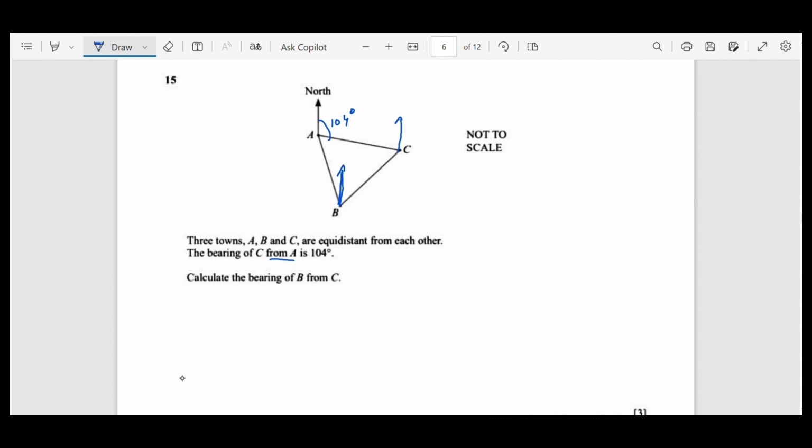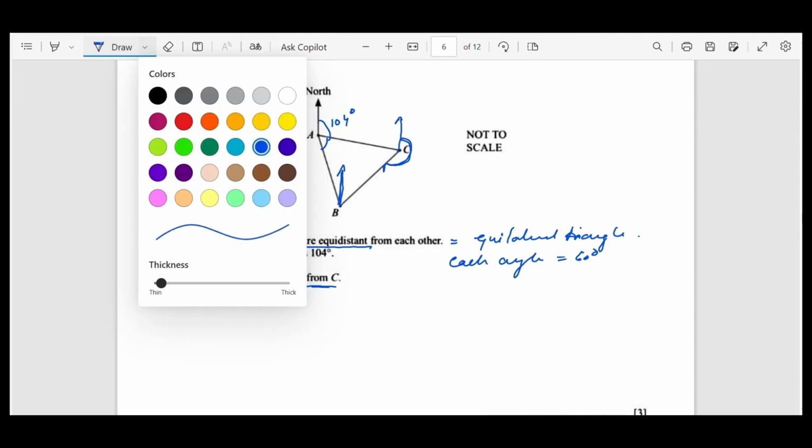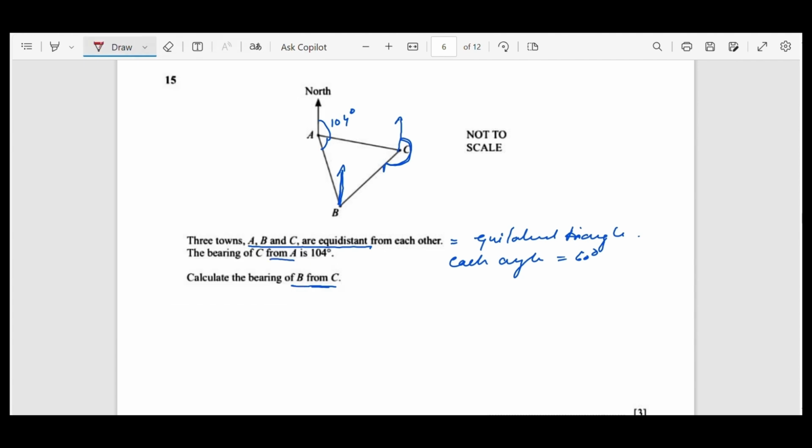So what we have to find is the bearing of B from C. So we have to find this. And what else is given? Three towns A, B, C are equidistant, meaning an equilateral triangle. Each angle is 60 degrees. So this is 60 degrees.